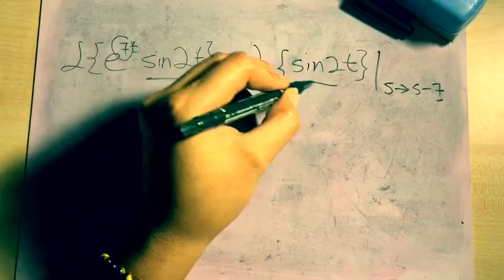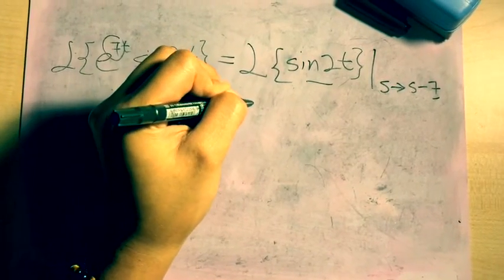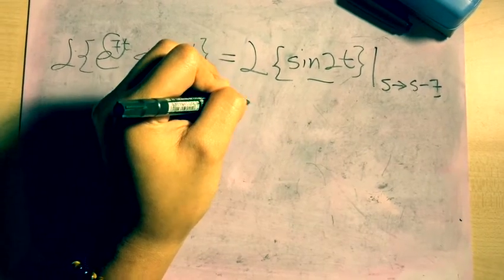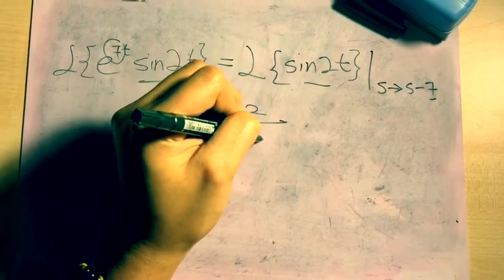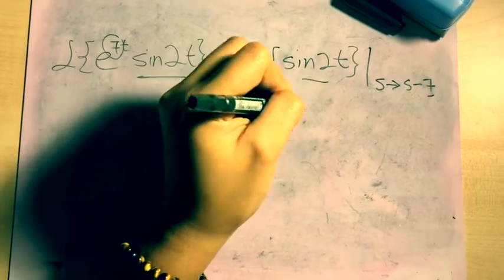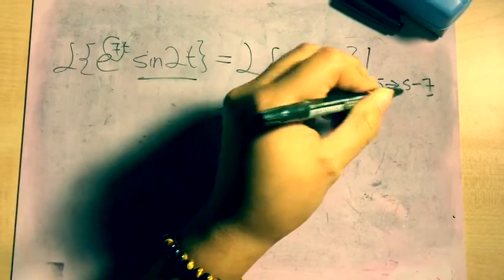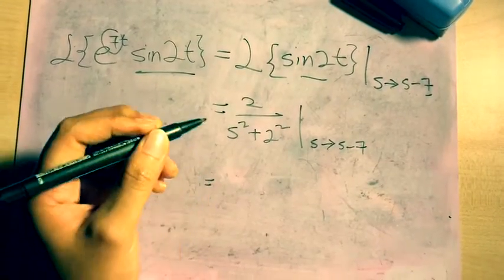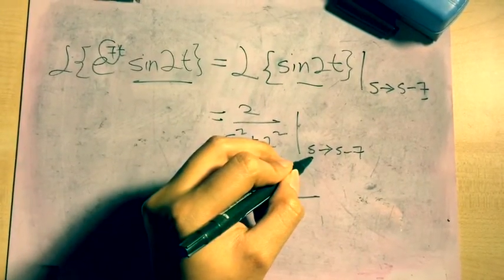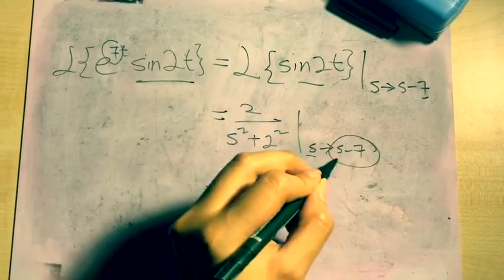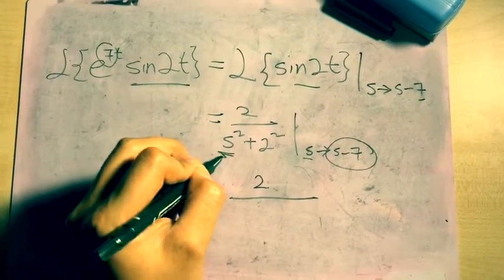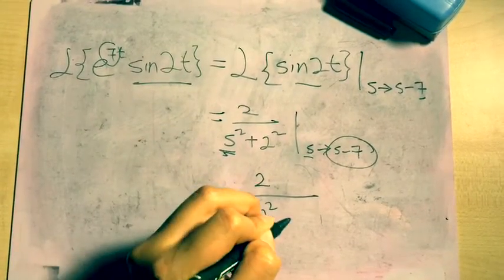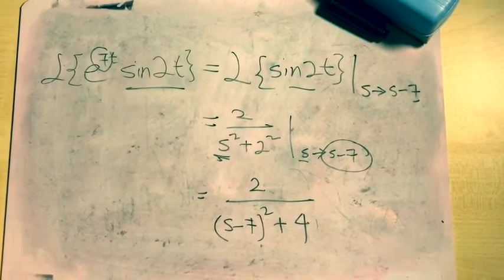So Laplace transform of sine 2t would be equal to, let me think, 2 over s squared plus 2 squared. Copying this down. So that would equal 2 over, because we let s equal s minus 7, we're going to change this s to s minus 7 squared plus 4.